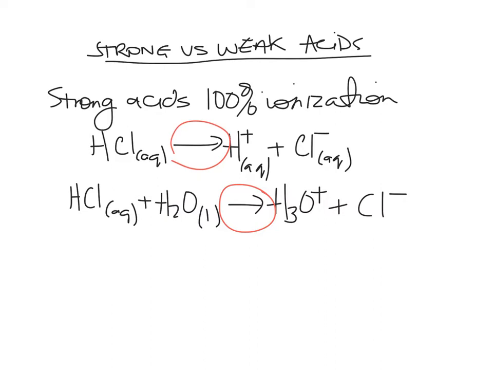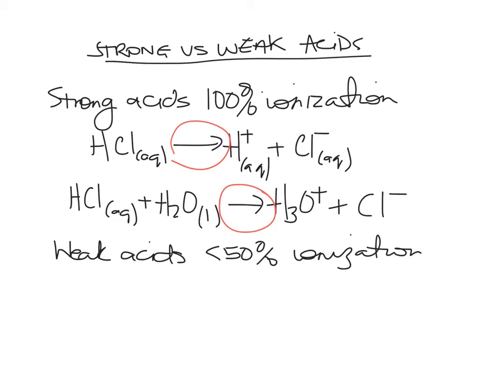So a weak acid, the most common weak acid is acetic acid or ethanoic acid. Usually it's less than 50% ionization. So the most common acid used for examples of weak acids is acetic acid, or you know it as ethanoic acid.